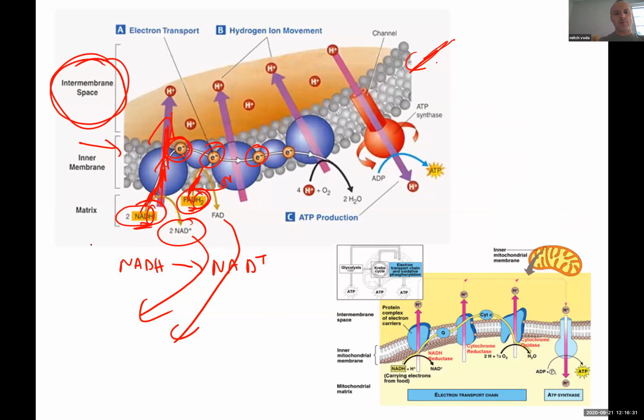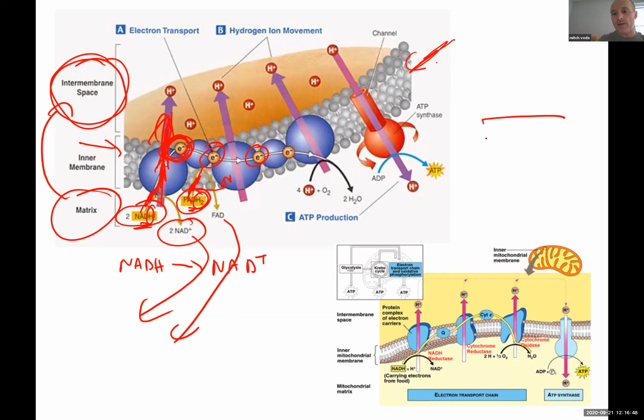So they are able to use that energy to pass the hydrogen across from the matrix to the intermembrane space. So why do we need energy? Because it goes against the gradient.